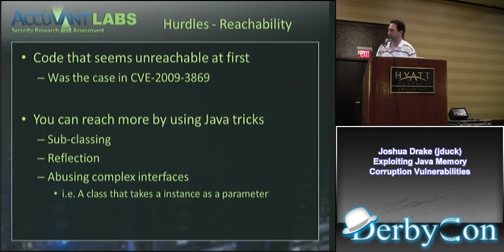In some cases, reflection has led to some interesting things. And you can abuse things like there are some classes that are abstracted to take a parameter that's some other class, and then in an applet something will happen with that later that isn't really directly controlled by you, but you can control the argument. So you set things up where you've got one class and you create it and pass it into another class, and then sometime later it calls a member function.